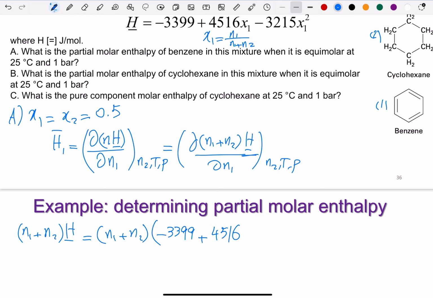Is it okay? Okay. So instead of x1, I'm going to write N1 divided by N1 plus N2. Then I have this coefficient, N1 divided by N1 plus N2, squared, right? That's it.